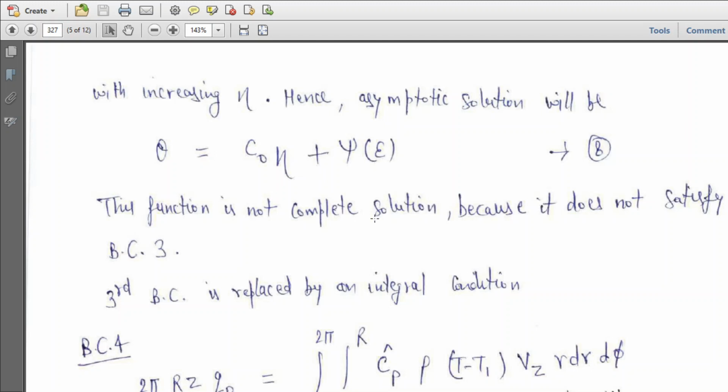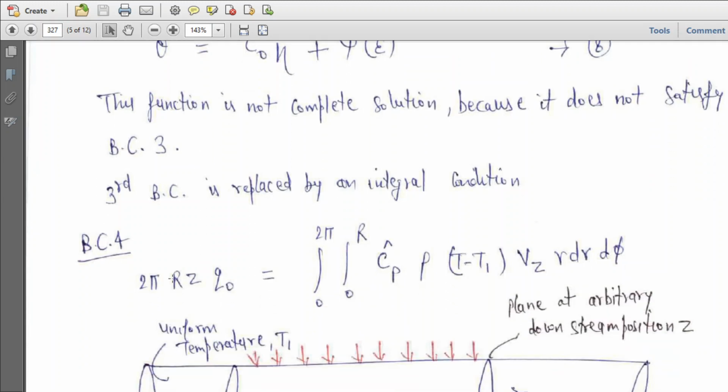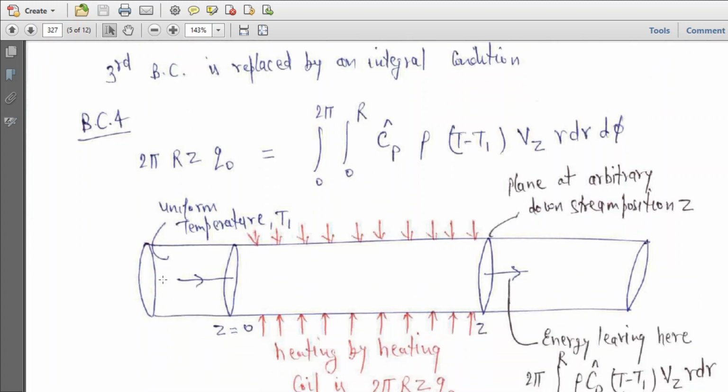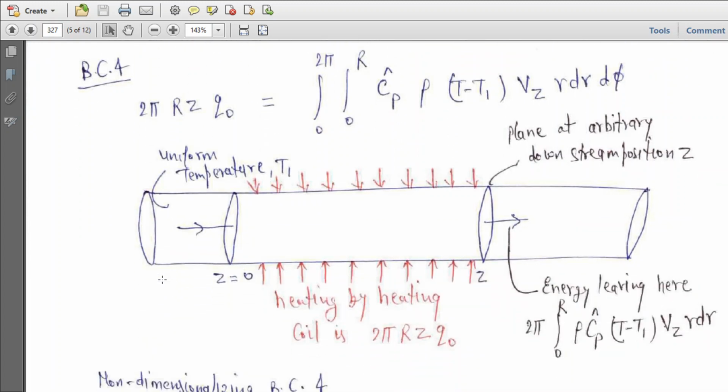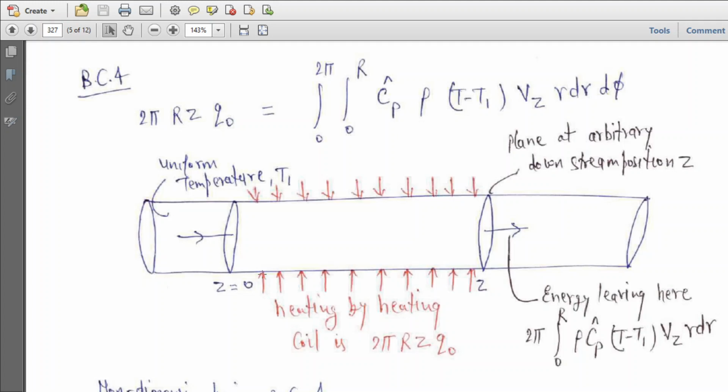Now this is not the complete solution because it doesn't satisfy boundary condition 3. Boundary condition 3 is again transformed into an integral condition here. We have taken the case that at z equal to 0 the fluid is entering at a uniform temperature T1.